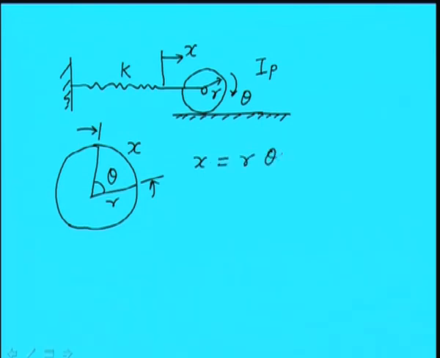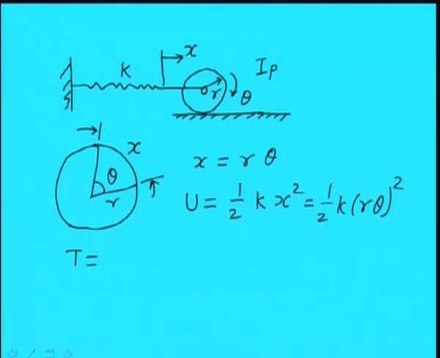Now, we can write the potential energy of this system for a given displacement, which is given as half k x square, where x is the extension of the spring, which can be written as r theta. Now, the kinetic energy of the system will be in two forms.